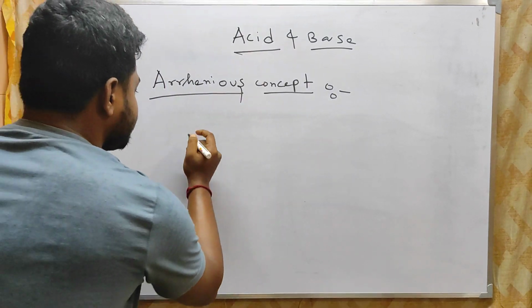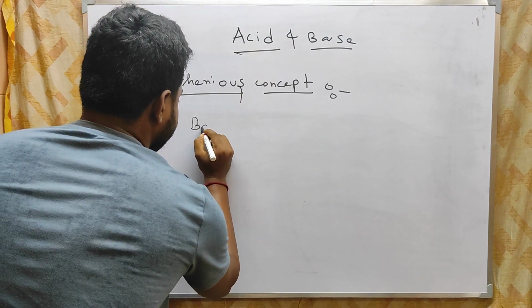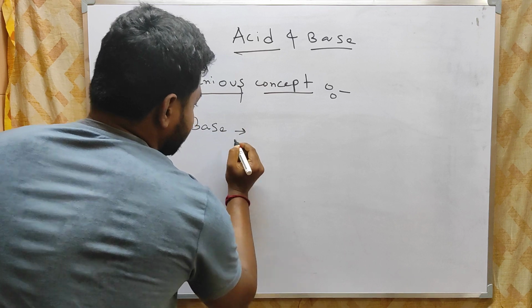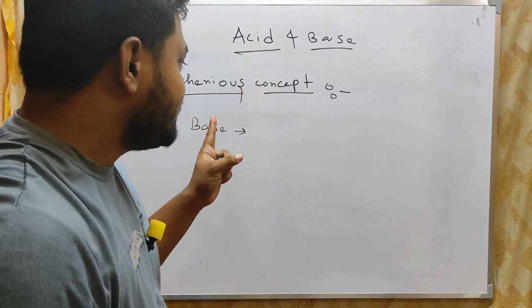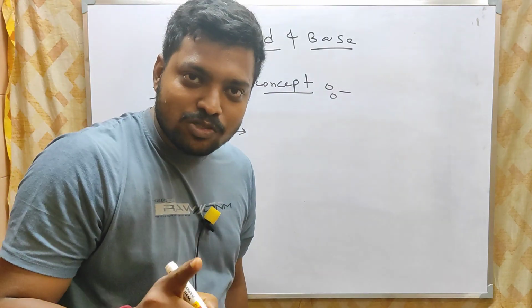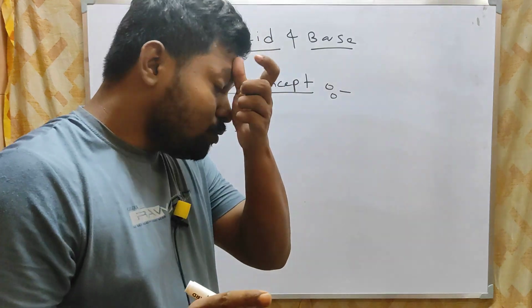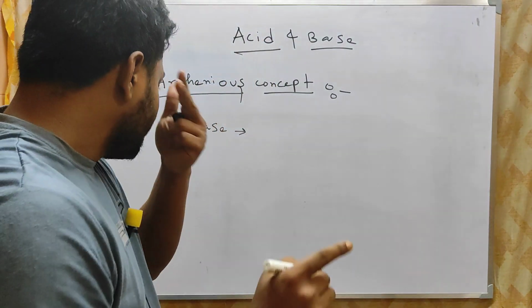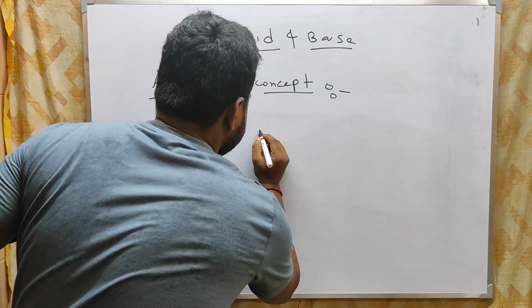So what did Arrhenius say? The definition of base. Base is a substance that dissociates in aqueous solution to produce OH minus ion. So what did Arrhenius say?